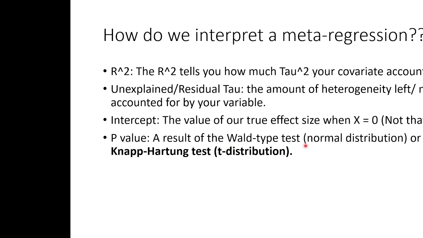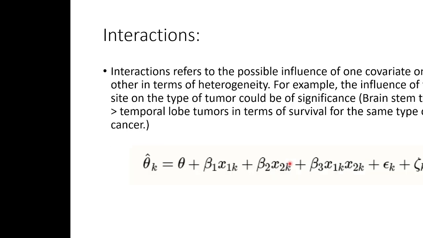It's either the Wald-type test or the Knapp-Hartung test. Both of these tests follow different distributions, and as we know, most of our meta-analyses do not necessarily follow a normal distribution. So using the Knapp-Hartung test, which follows a t-distribution, would be optimal when calculating the p-value.